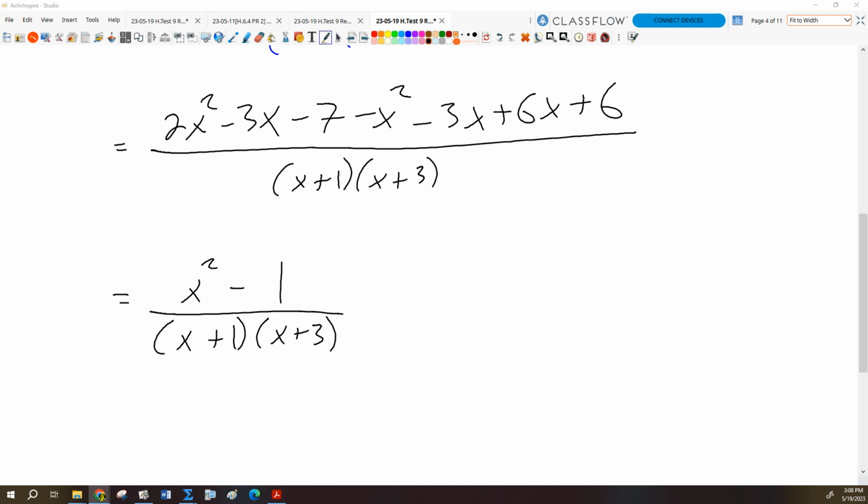Okay, so we done? Now we factor the numerator. After we've simplified the numerator, we've got to see if we can factor it. Could you scroll up a little bit, please? Yeah, I will.